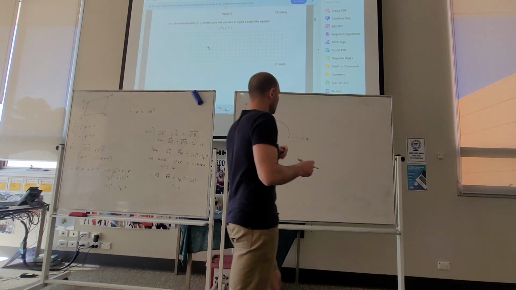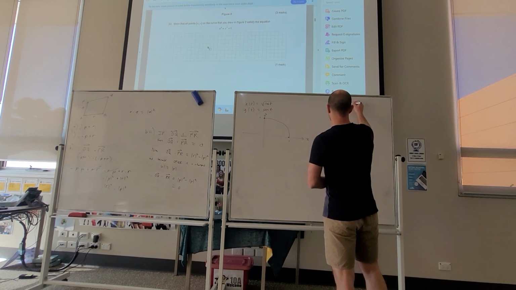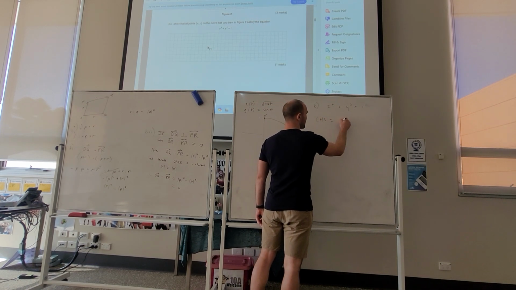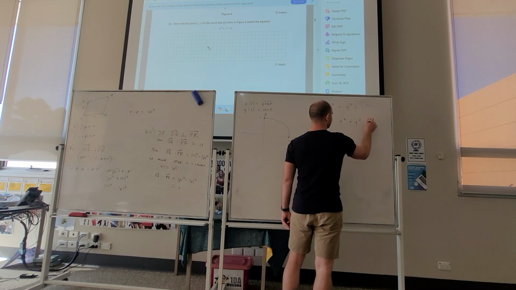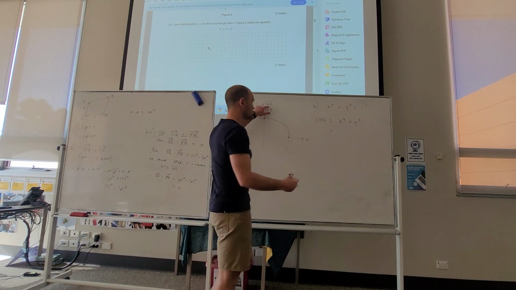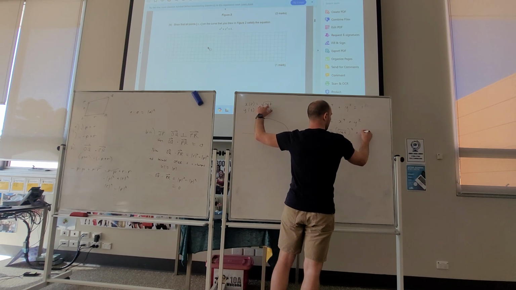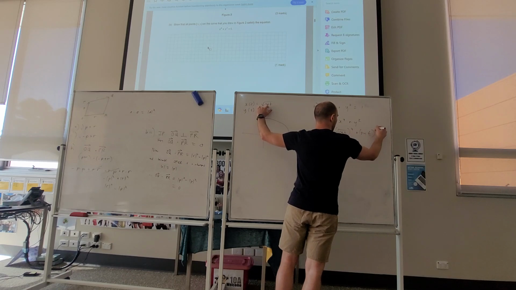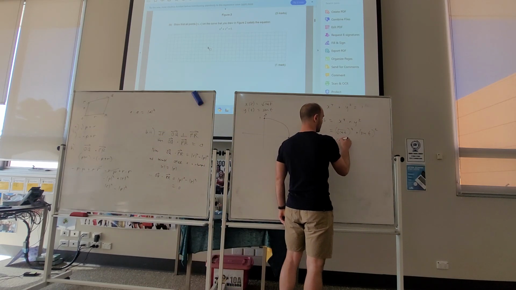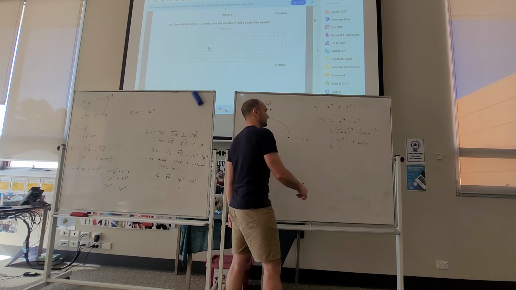So all we're going to do is take the left hand side, x to the 4 plus y squared, and based off of our parametric equations, this is the square root of cos t to the power of 4 plus sine t to the power of 2, which equals cos squared t plus sine squared t, which equals 1, which is the right hand side.